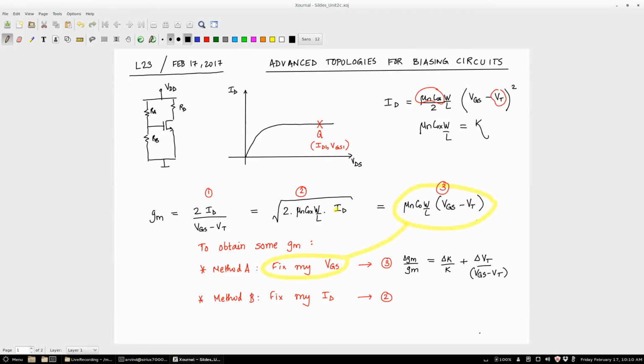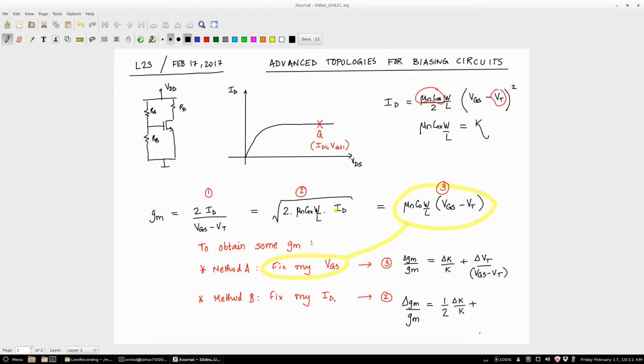Okay, sorry. No, minus won't come. Usually to take errors, you have to add errors, right? Because you can have a negative there. So when you are doing errors, you take the positive. And then, because your VGS is constant in this.